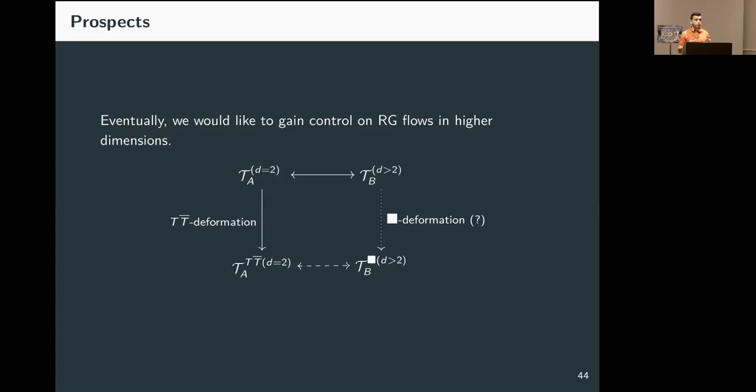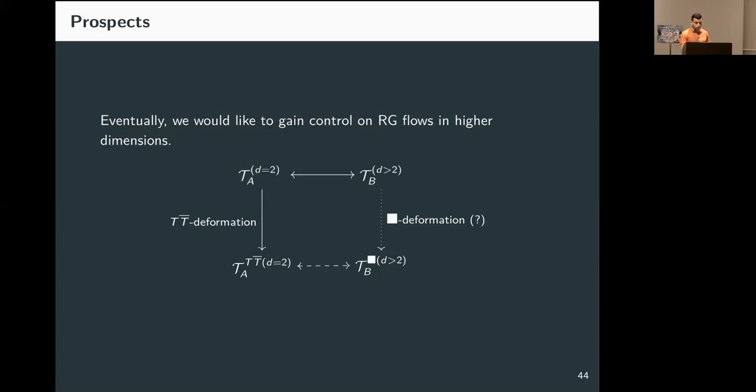So we may ask, once we have a 2D theory with a known duality or correspondence with a higher dimensional theory, and we turn on TT-bar on the 2D side, what happens on the other side? Does this correspondence survive along the RG flow? And if so, what is this unknown deformation, this black box operation, in this case a white box operation, on the dual side, on the higher dimensional side?